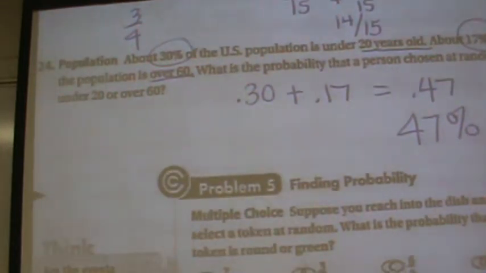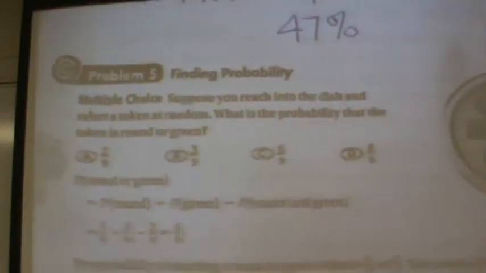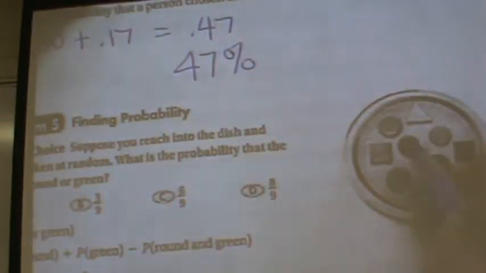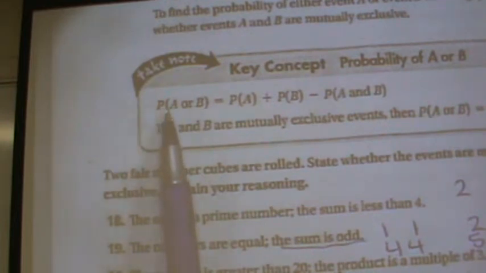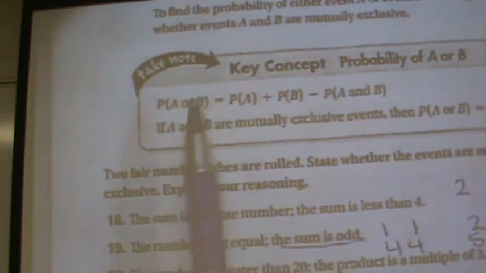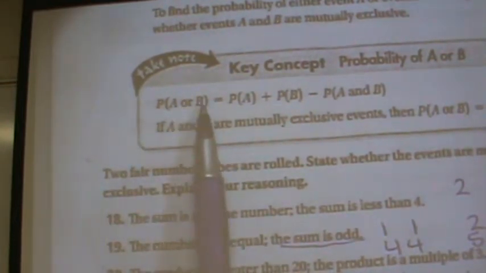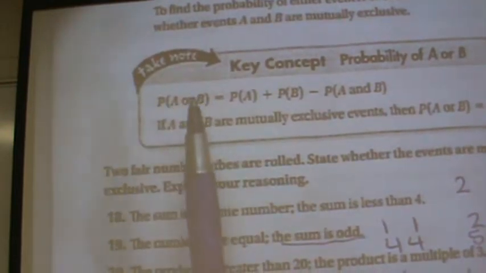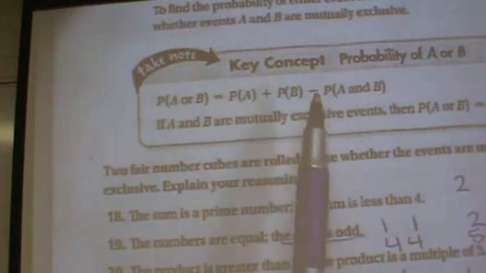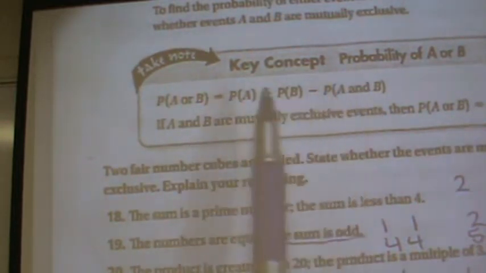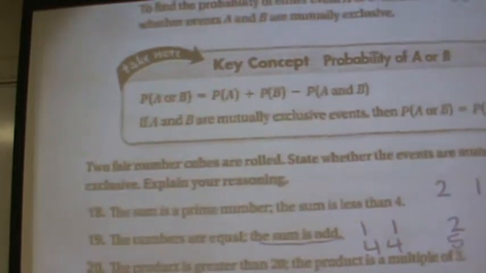Okay, now, if they're not mutually exclusive, this is what you have to do. If I say A or B, but it could be both of those, we could have both of them. What you do is you add up the two probabilities and then you subtract the probability of both of them at the same time.